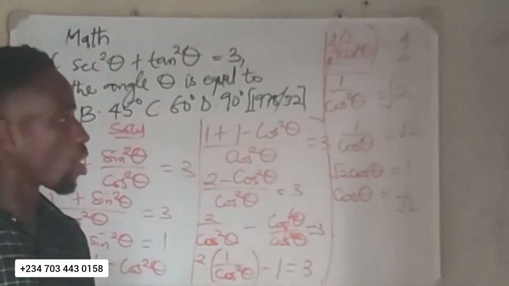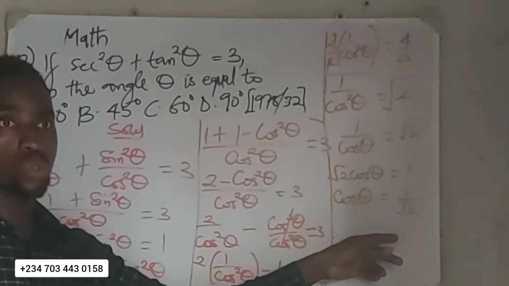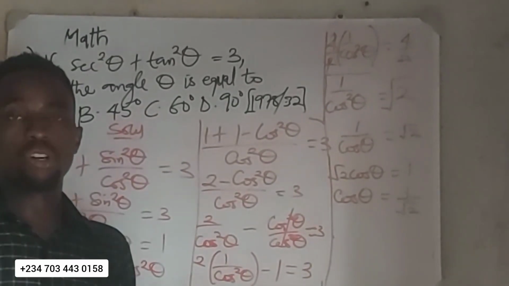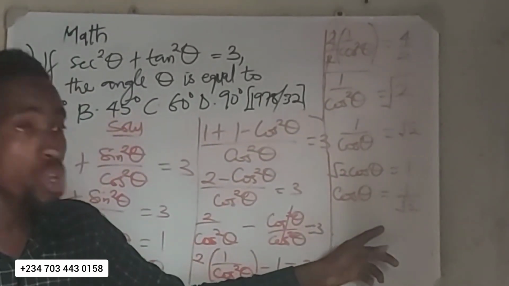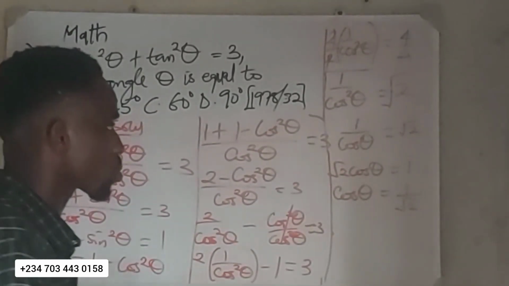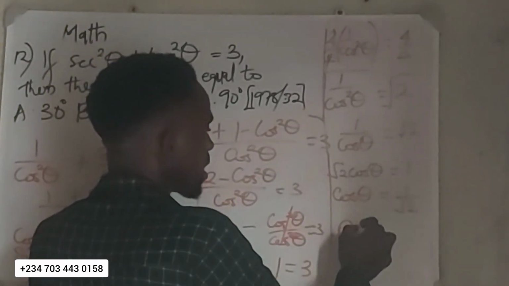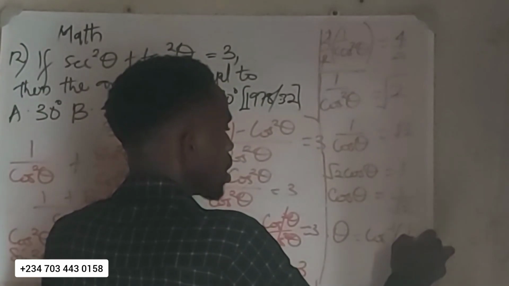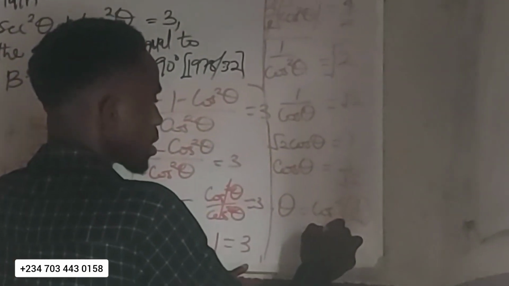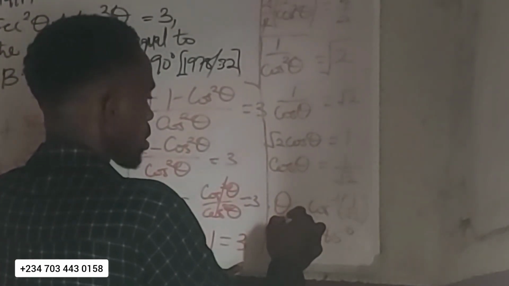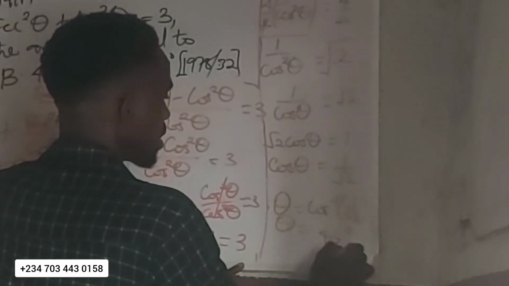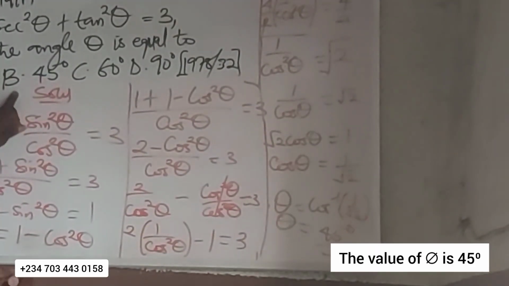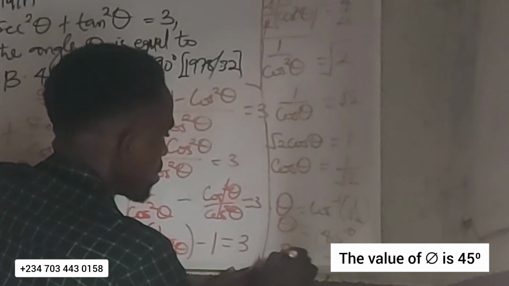Then what's the angle whose cos gives me 1 upon root 2? Cos 45 is 1 upon root 2, or root 2 upon 2, as we remember. So theta is cos inverse of 1 upon root 2, and cos inverse of 1 upon root 2 is 45 degrees. That's theta is 45 degrees. So our answer is option B.